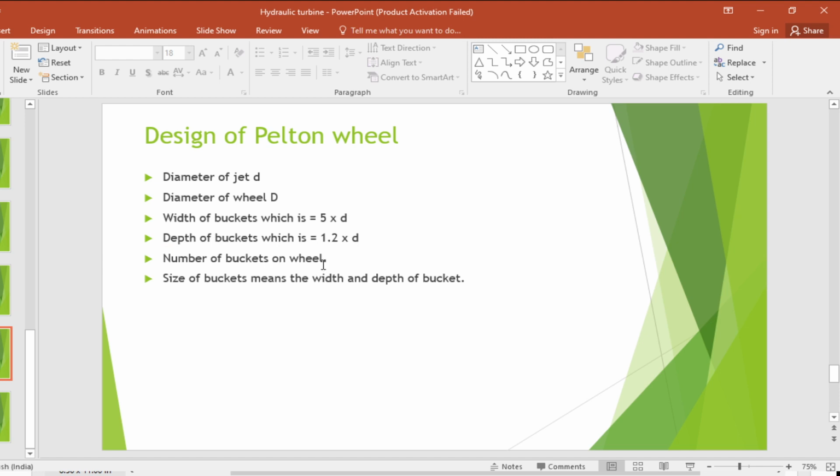If they ask us to find the size of buckets, then size of bucket means width of buckets and depth of bucket. These are the parameters you have to determine while designing a Pelton wheel.